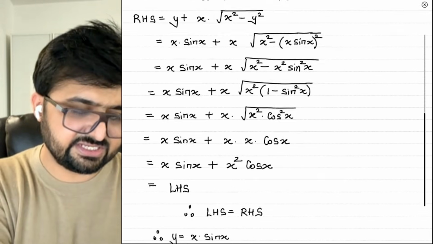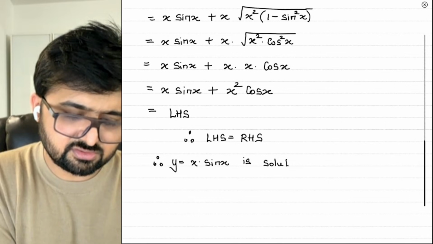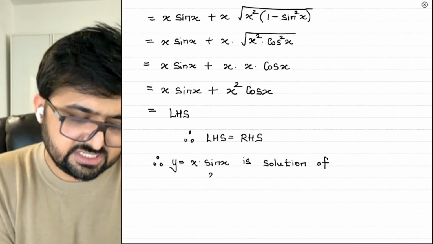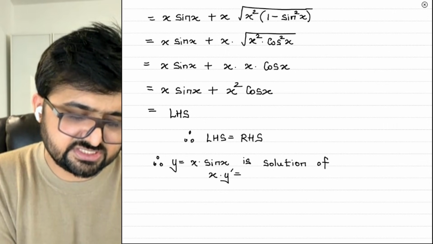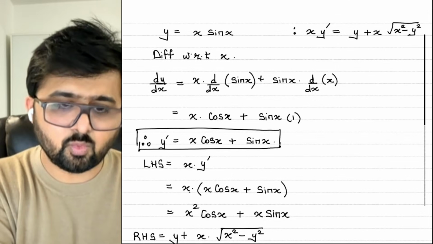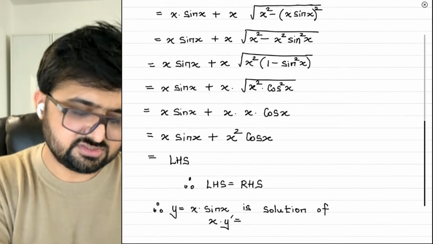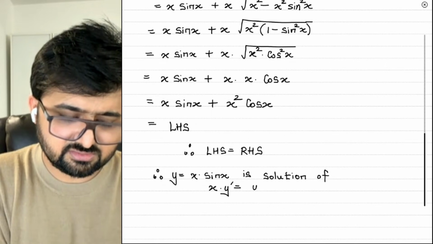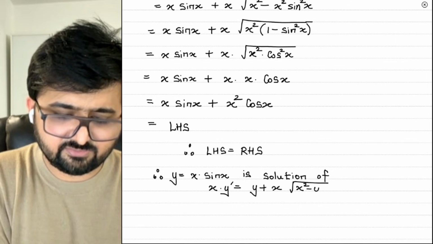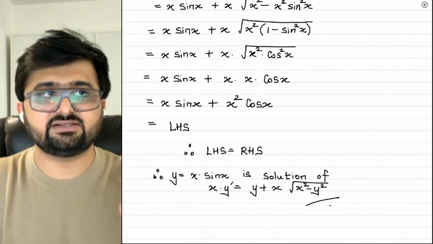So y is equal to x sine x is a solution of the differential equation x times y dash is equal to y plus x square root of x squared minus y squared, and that is how you will represent your final result.